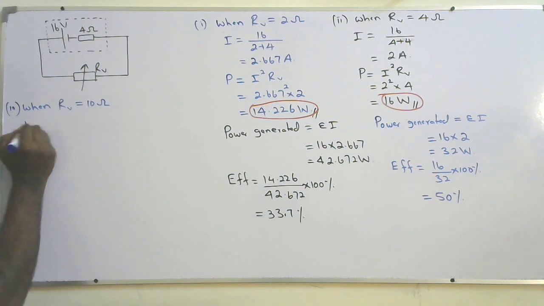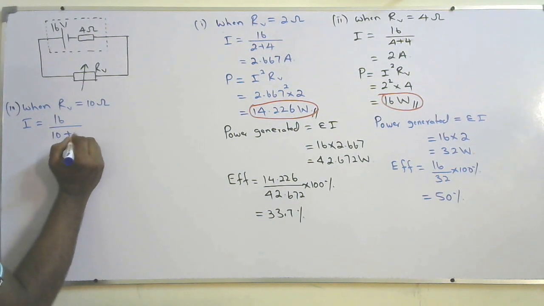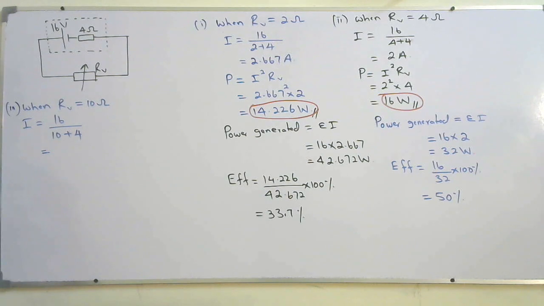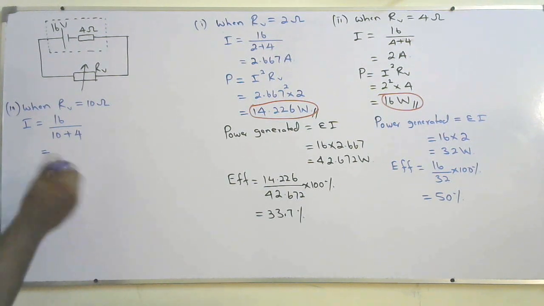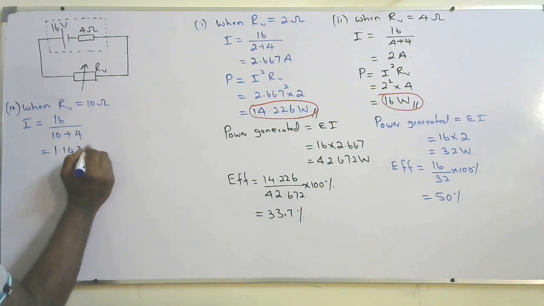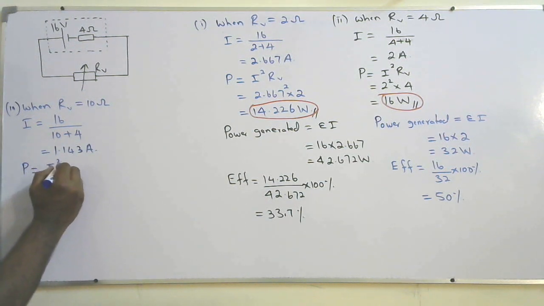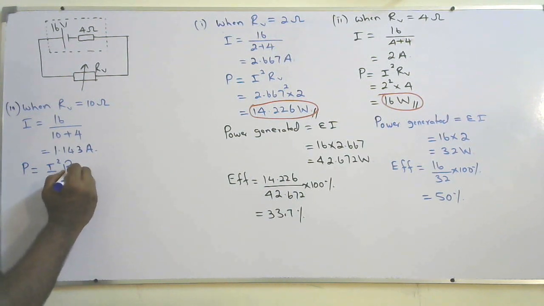With 10 ohms, current will be EMF over total resistance 10 plus 4. So that will be 16 over 14. So current flow will be 1.143 amperes. So power transfer to the external circuit will be I squared RV.